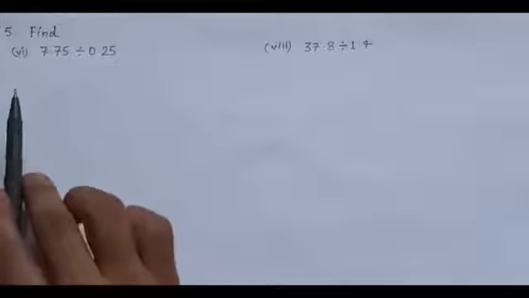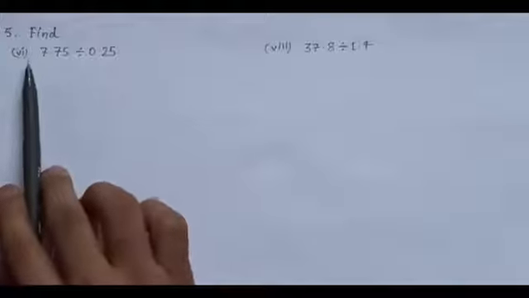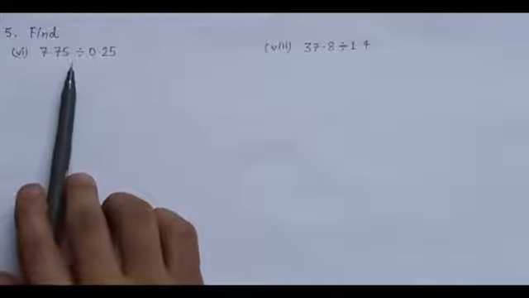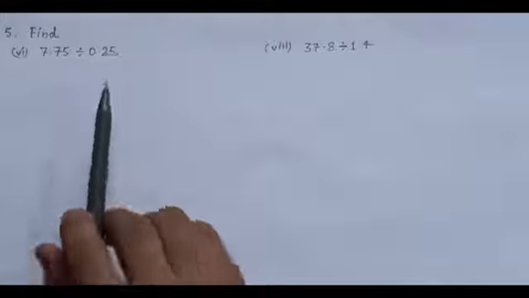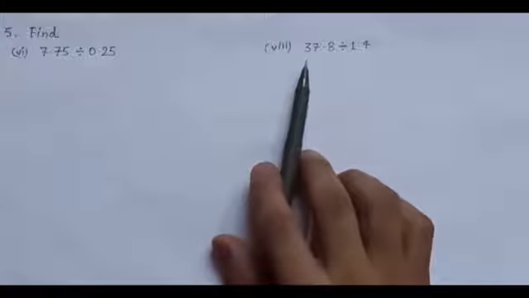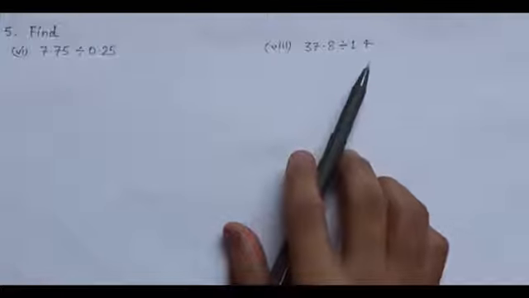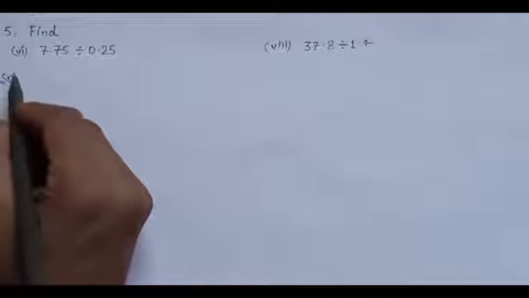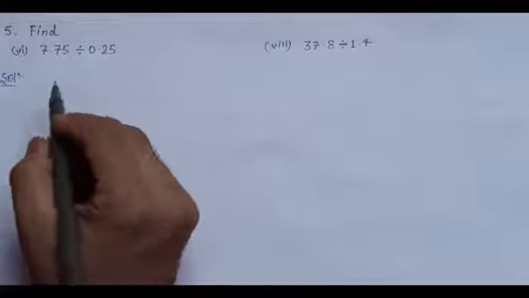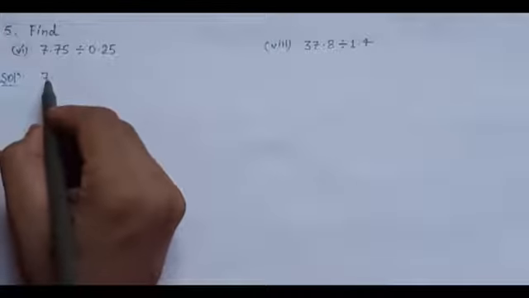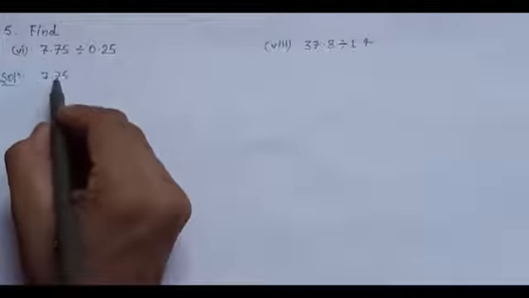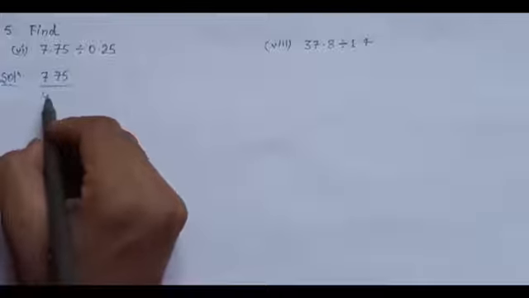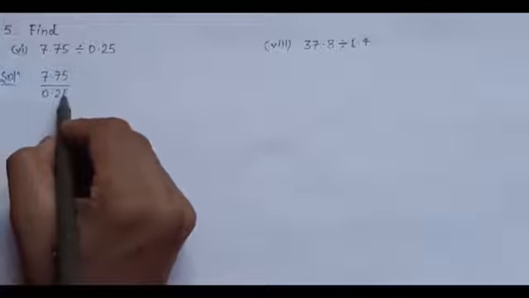Next question from exercise 2.5 is: find first 7.75 divided by 0.25, and the next part is 37.8 divided by 1.4. So let us solve. Students, you can see here we have to divide a decimal 7.75 by a decimal 0.25.